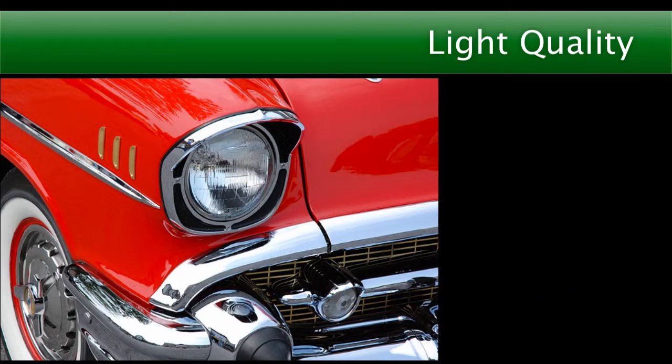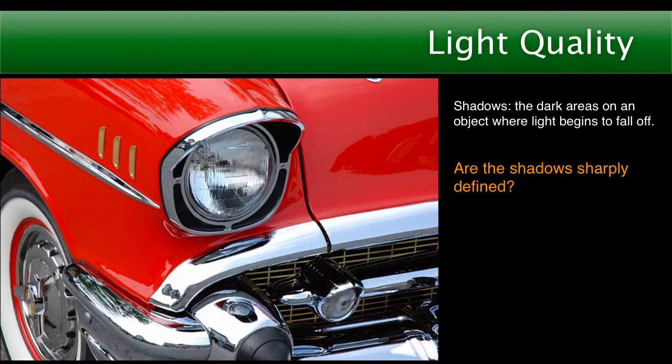And then I want you to notice the shadows. Not just the shadow cast by the object, but also those dark areas on the object itself where the light begins to fall off. Are the shadows sharply defined, or is the transition from light to dark gradual? What direction is the light coming from?